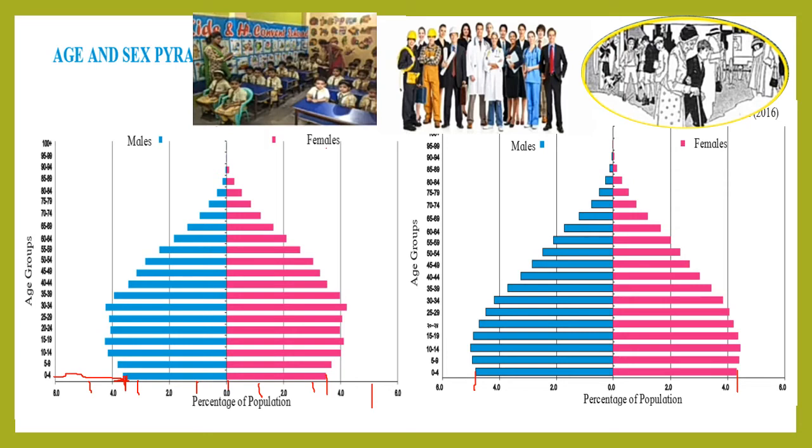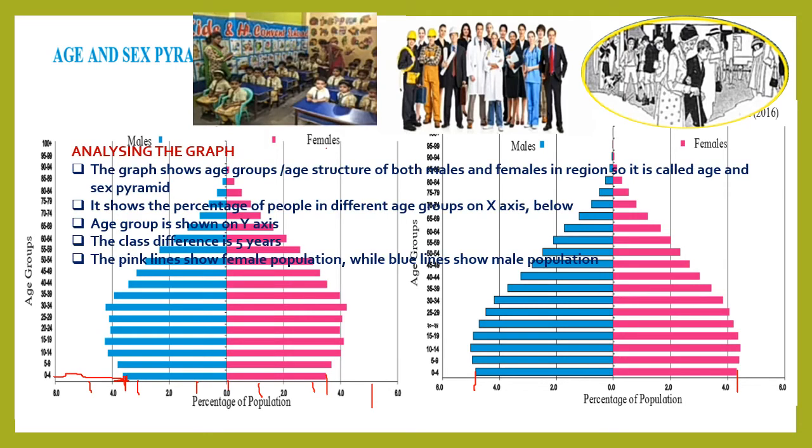While analyzing this graph, the graph shows the age structure of both males and females in a region. So it is called an age or sex pyramid. Sex means that the male and female age groups are shown in this graph. It shows the percentage of people in different age groups on the x-axis below.